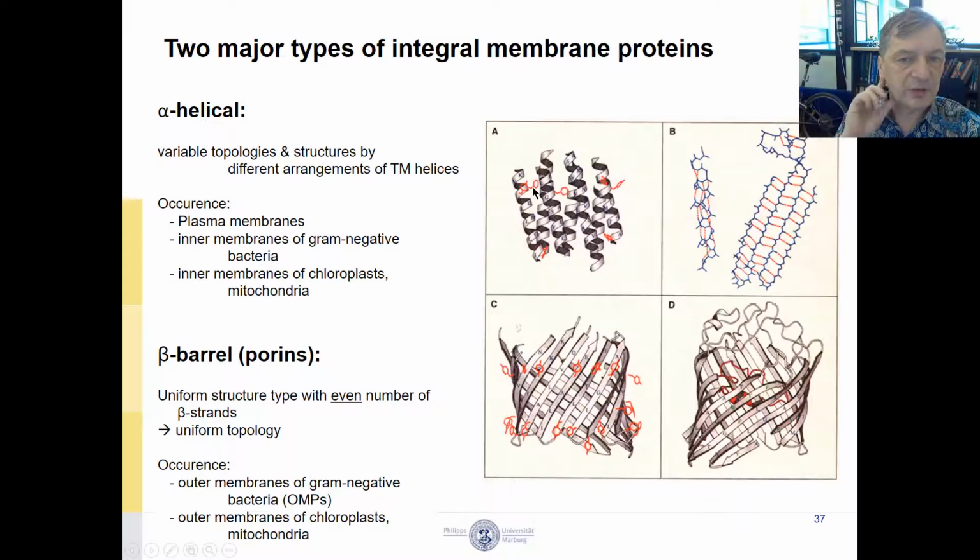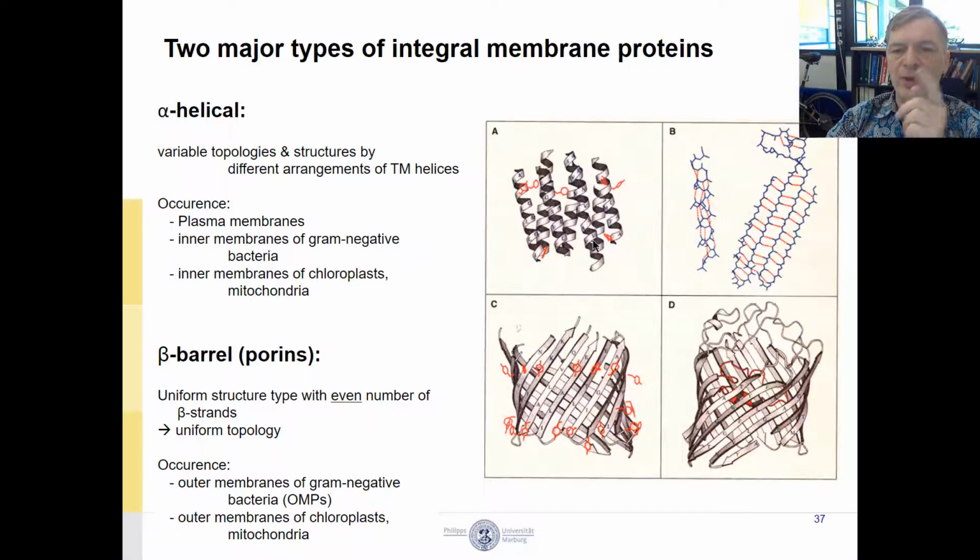So the alpha helical type of integral membrane proteins can have different numbers of transmembrane helices, and the arrangement of these transmembrane helices can be highly diverse. Here it looks like they are more or less going perpendicularly through the membrane, but the angle they can take is highly diverse. They can also have different arrangements relative to each other.